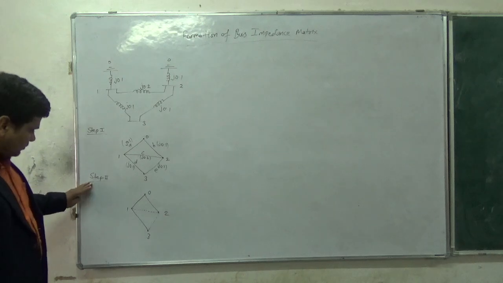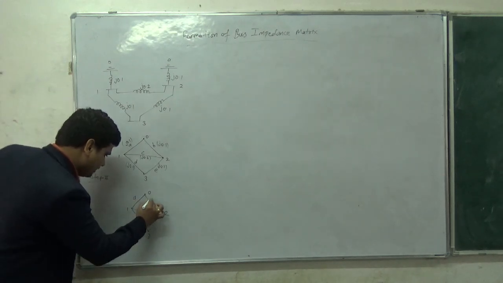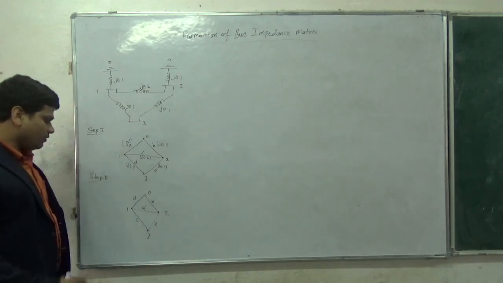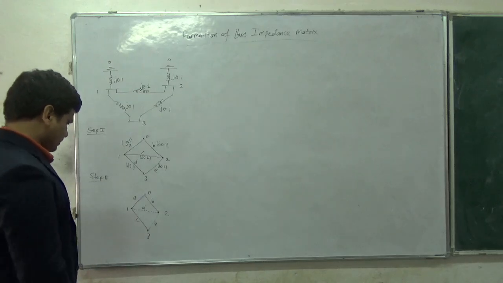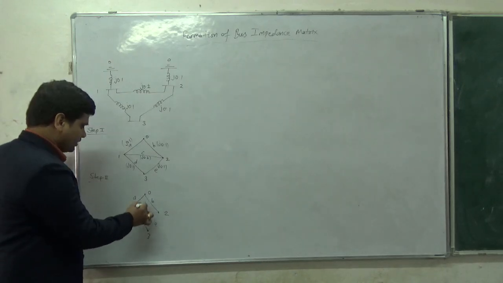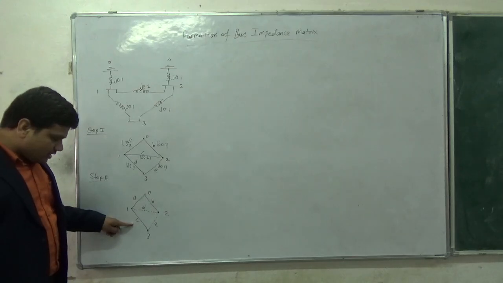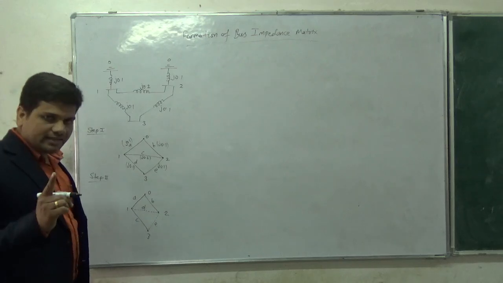From this tree network, I can identify that there are 5 branches in the network: A, B, C, D and E. You can see A, B, C are on the tree, but D and E are nothing but the links.